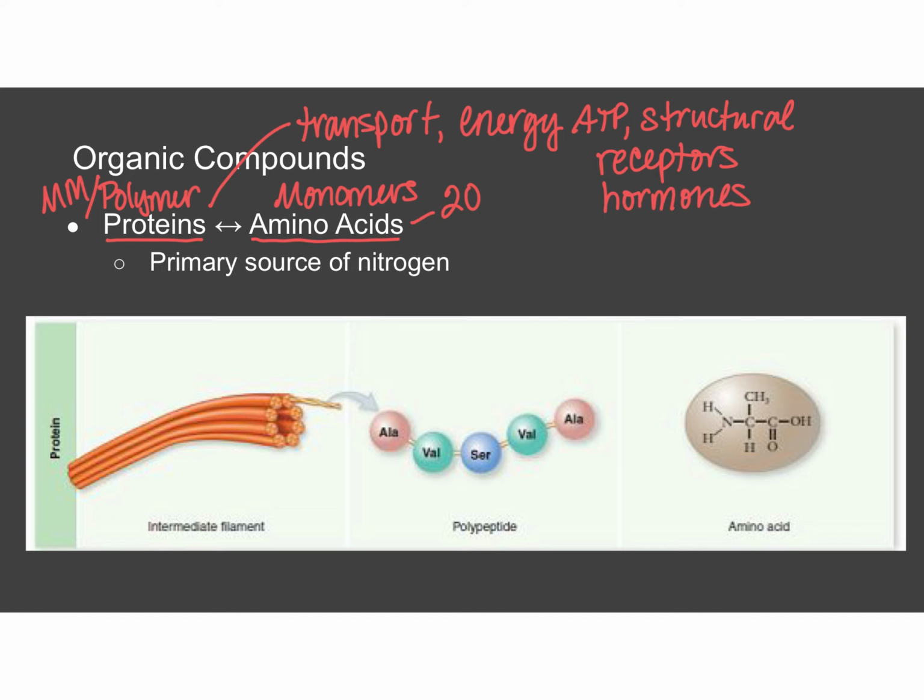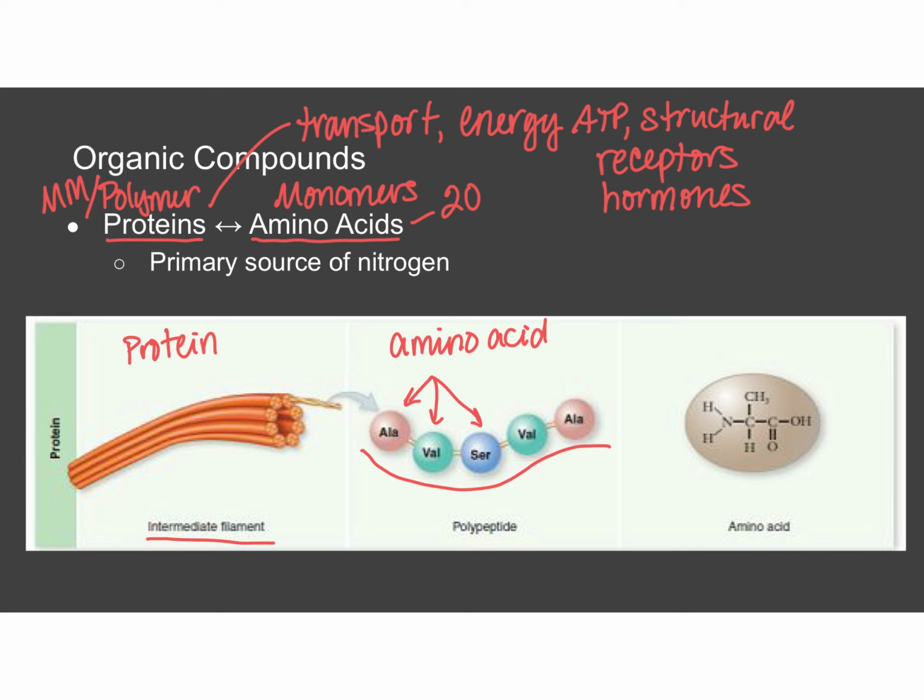You can see here, this is an intermediate filament, and this is something that makes up the cytoskeleton in your cells. This is going to be the protein, which is the macromolecule, the polymer. This polypeptide is essentially a protein that has been unwound, and each one of these is an amino acid.